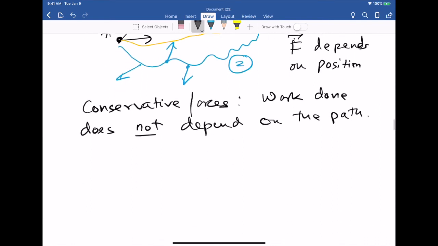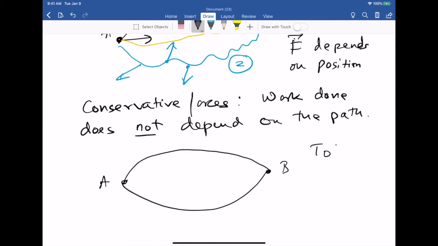There's an alternative way of defining a conservative force, which is that if you go in a closed path, so you start from A, go to B, and then come back to A. So if you do a closed loop, the total amount of work is 0.